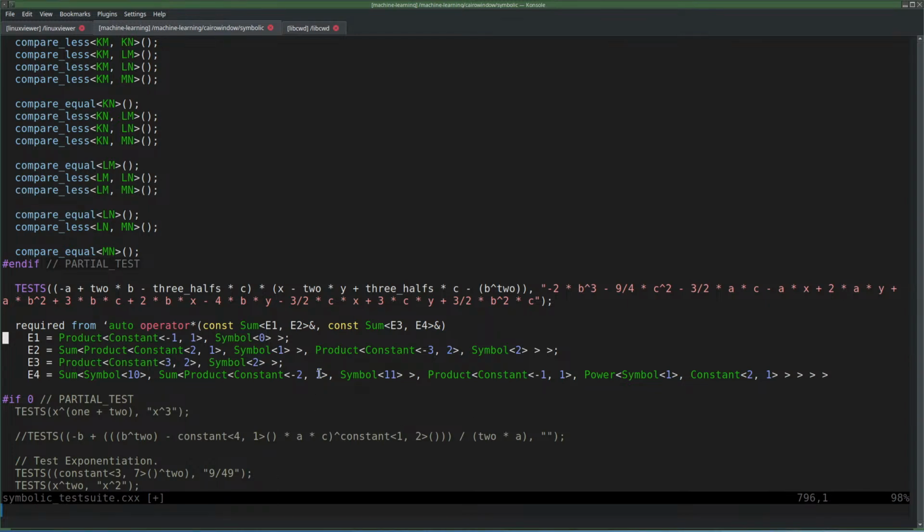Yep, symbol 0 is obviously A. So this is a -1 times A, which is this.